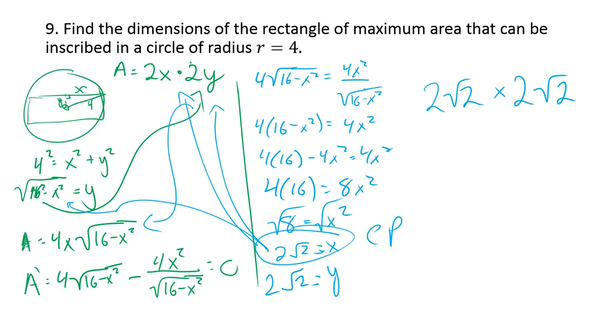Oh, these are x and y, so we'd have to double these because our sides are doubled, since it's 2x and 2y, which means it would be 4 square root 2 and 4 square root 2.